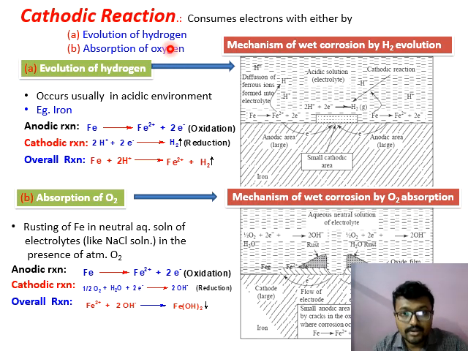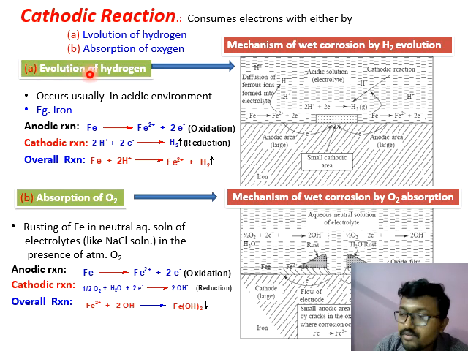In the anodic reaction, there is only one reaction, that is the anode material is oxidized, metal oxidizing to M n plus. Now those electrons come to the cathode, and after coming, they are used for two reactions: evolution of hydrogen and absorption of oxygen.